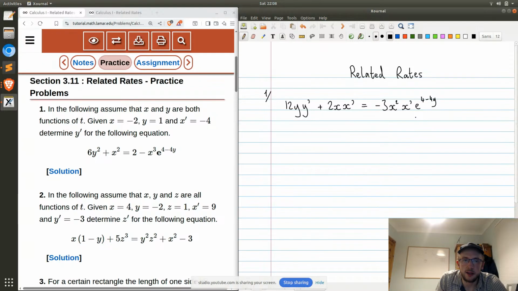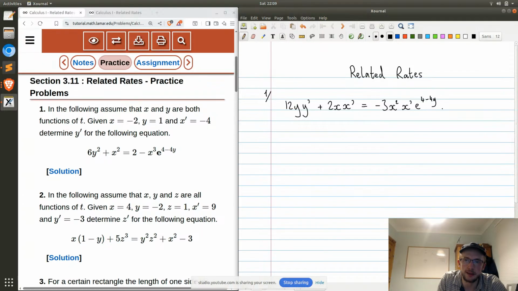And then differentiate the second function. So if I do that, I will get negative 4 times e to the 4 minus 4y, -4y prime.